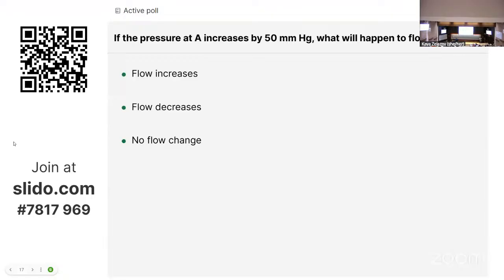Okay, starting out, for that first question, let's answer all together. What's going to happen if we increase that pressure at A by 50 millimeters of mercury?